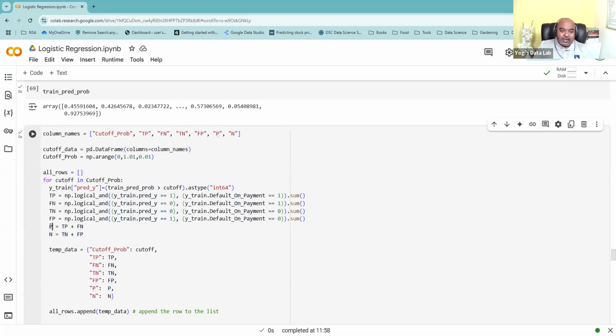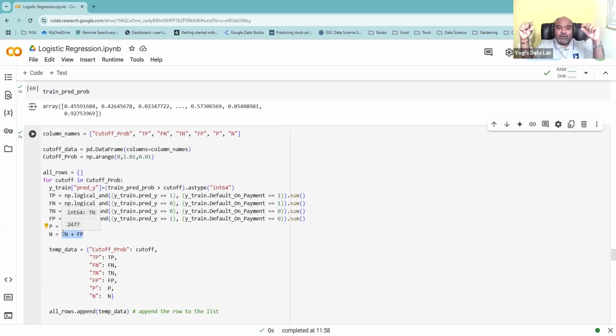P, which is the actual number of positives, is equal to the number of true positives plus the number of false negatives. N, which is the actual number of negatives, is equal to the number of true negatives plus the number of false positives. Now I am going to use all these calculated values. Let us say the beginning is 0.00. At 0.00, what is the value of TP, FN, TN, FP, P, and N?